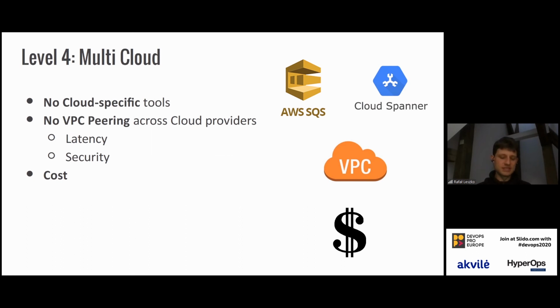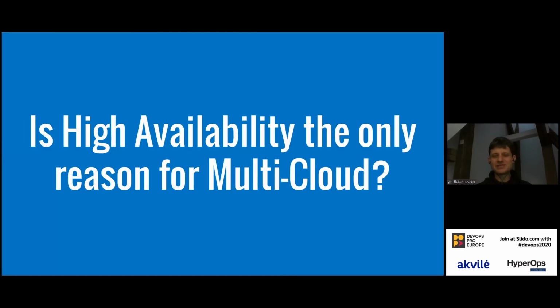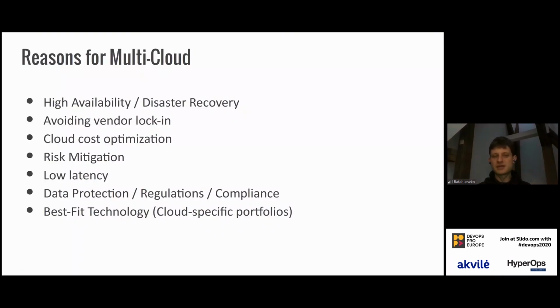So you may say, but why do people do it? Is the only reason high availability? Am I really that afraid that the whole of AWS will be down? Obviously, no. These are the main reasons why people do multi-cloud. You implement multi-cloud to avoid vendor lock-in. You don't want to be so AWS-specific that you can never change from AWS. So you design your application to work on any cloud provider. You make this abstraction.